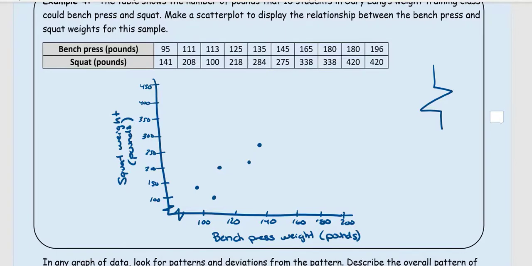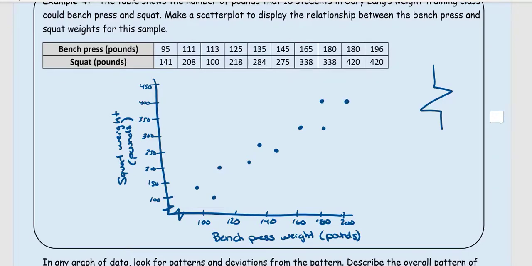Then we have 145 pounds, which is at 275. And then we have 165 pounds, which is at 338. And then we have 180 pounds. I'm sorry, yeah, we have 180 pounds at 338. And then we have 180 pounds at 420. And then we have 196 pounds at 420.